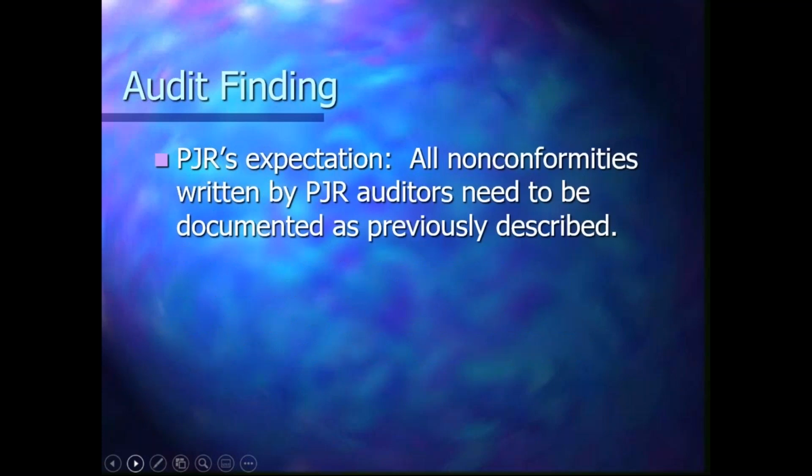So it's our expectation that all nonconformities that exist need to be written by PGR auditors, and they need to be written as previously described with the three parts: statement of finding, objective evidence, and a citation of the requirement not being met.